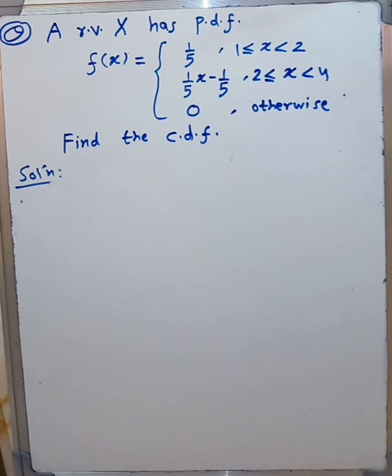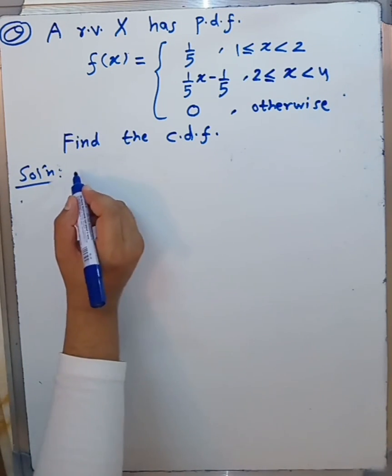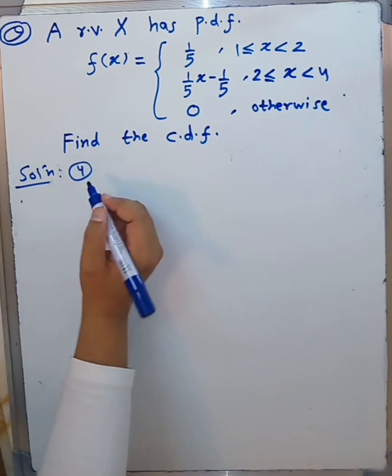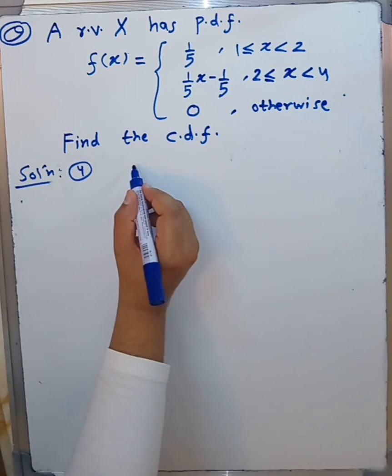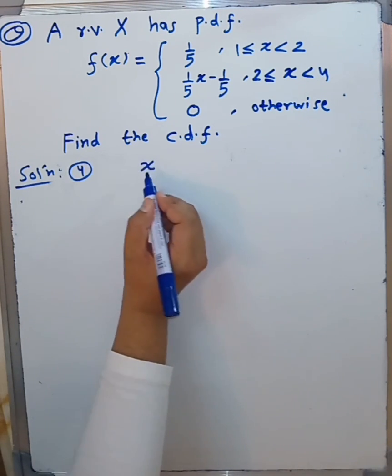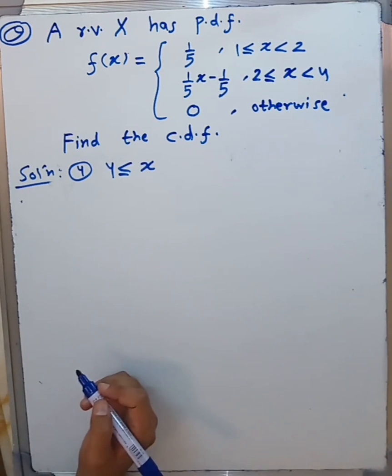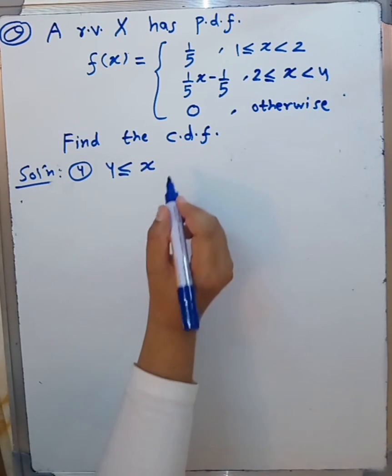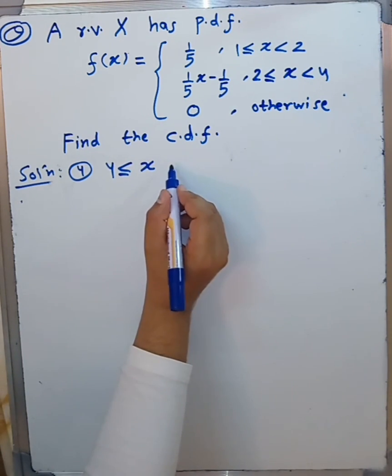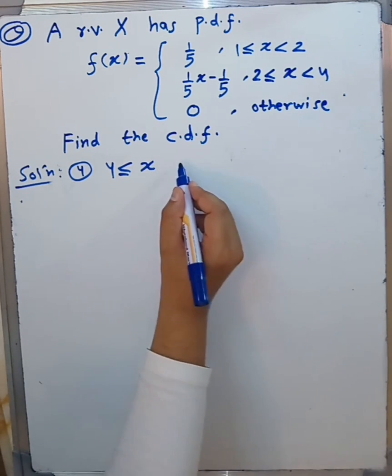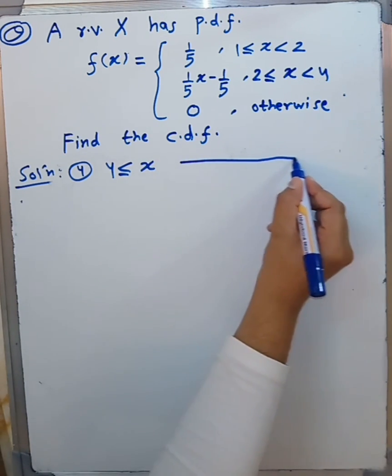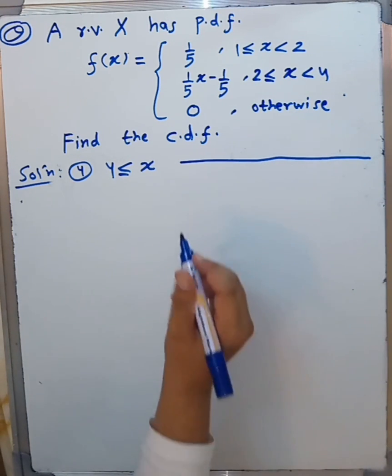Now let us see the fourth piece. What happens when x is more than 4? To visualize, let us draw the number line.